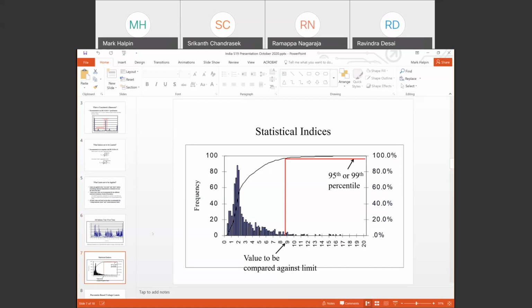Once we have the probability function, it's a straightforward process to extract the 95th or the 99th percentile over 1 day or 1 week. And that is the value that we compare against the recommendations in the table.